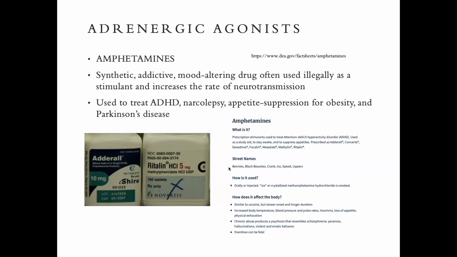It increases the rate of neurotransmission. It is used to treat ADHD, narcolepsy, appetite suppression for obesity, and Parkinson's disease. And there's some information here about that, as well as a couple of bottles of brand name amphetamines that are used usually to treat ADHD, and that's Adderall and Ritalin.